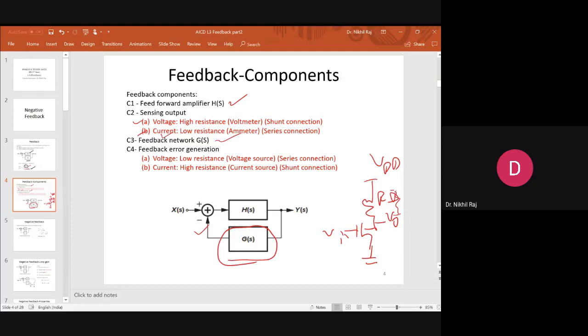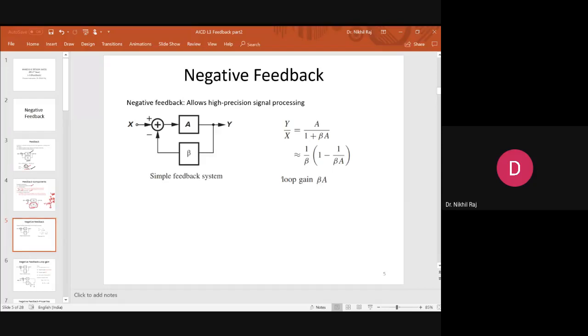Now in the feedback network, what type of output is generated, whether voltage or current? Based on that, again the estimation of resistance is done. If the feedback network output is voltage, then definitely there will be a low resistance. Why? Because we need to do a series connection. If the feedback network is producing current, this means we have to do the shunt connection.